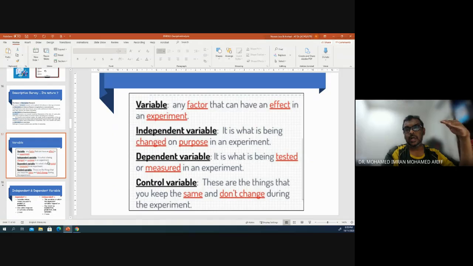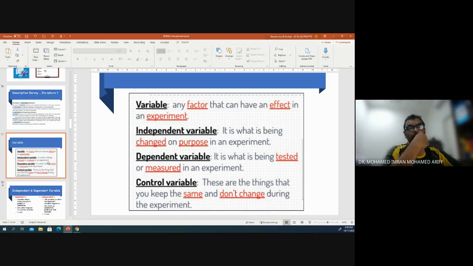For example, with exercising and losing weight, you are looking at only one gender, female, so you control that. Or you control the age factor, so you keep everyone at the age of 30, looking only at those who are 30 and above. So you control that variable.